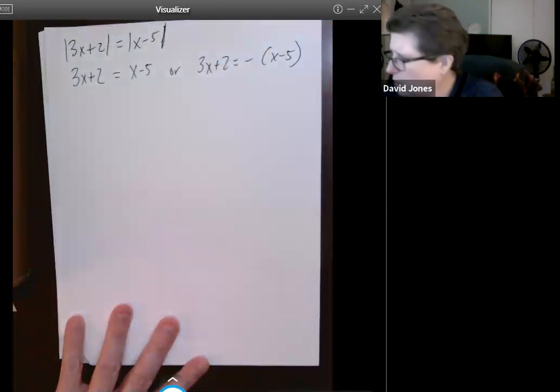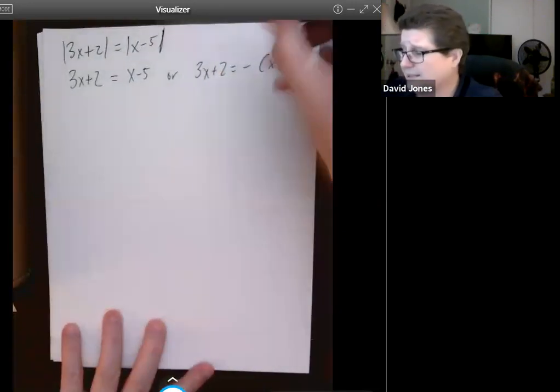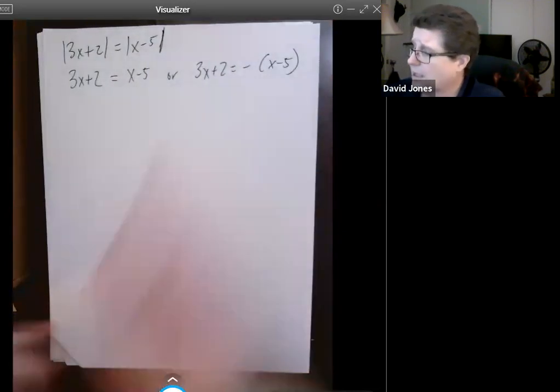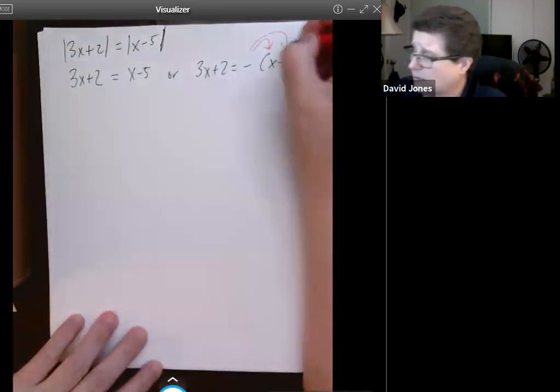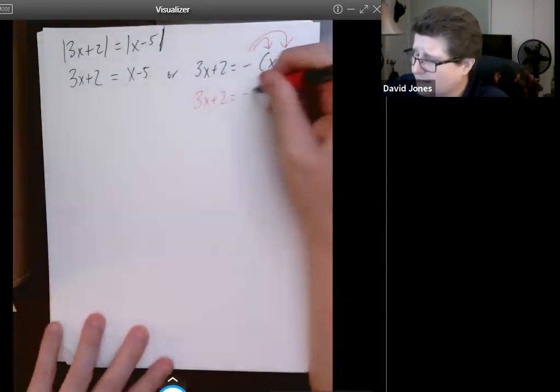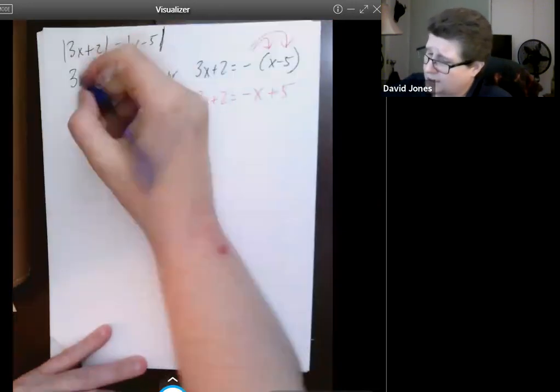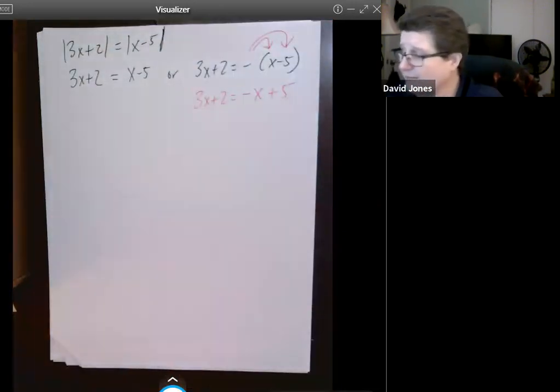And when you do the negative 1, put it in parentheses, because you need to distribute that negative sign. We got 3x plus 2 on the right equals negative (x minus 5), which is negative x plus 5. And this one is still 3x plus 2 equals x minus 5.